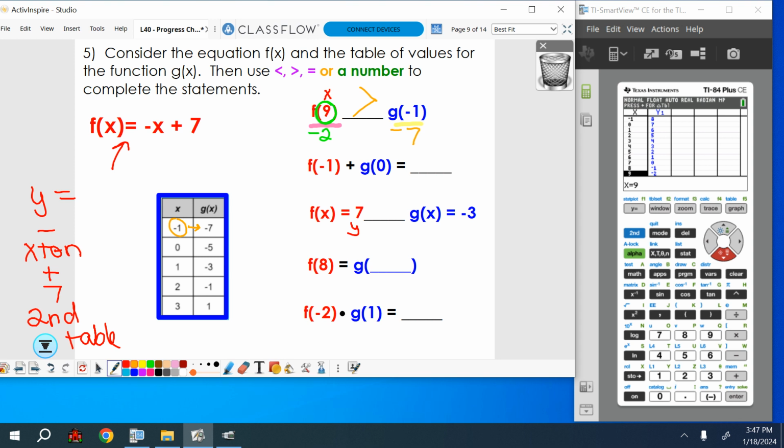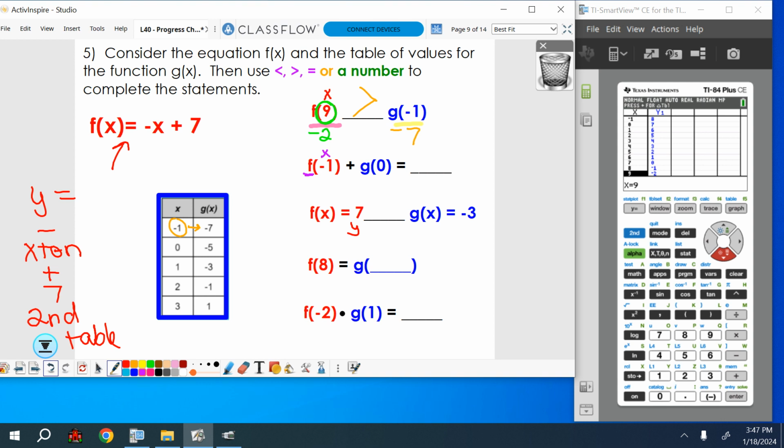Okay, so in the past we've done greater than, less than, equal to, but we're also going to be doing some addition and multiplication problems too. So this one is an addition problem. We're going to start off the same way. In our calculator, because this is f, I want an x value of negative 1. So I'm going to go up here.